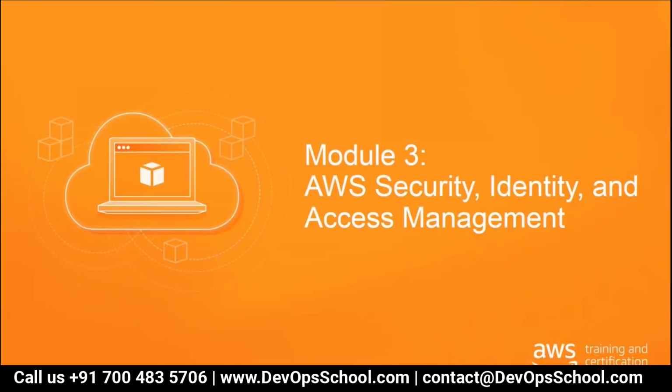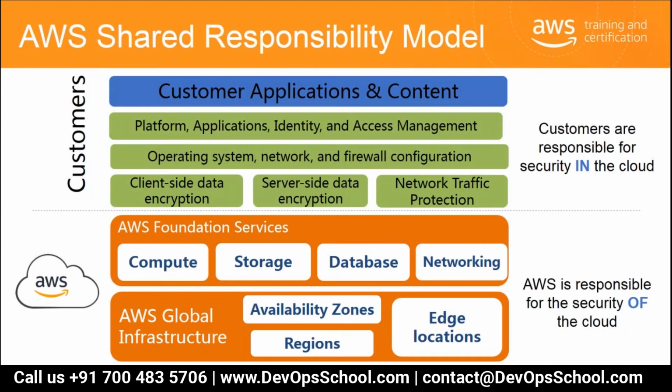So this module will primarily talk about security in AWS and how you deal with identity and access management in the AWS infrastructure. When it comes to AWS security, we generally talk about the AWS shared responsibility model.